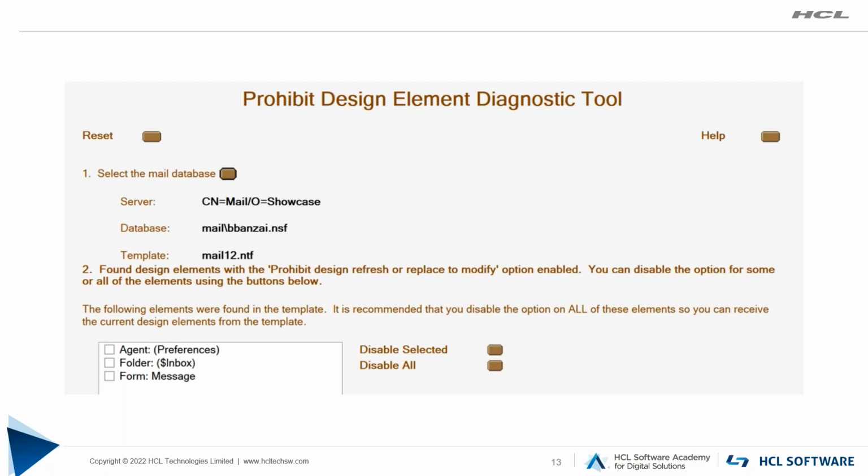So now you know what the offending design elements are. In addition, you can go ahead at this point and either individually select those design elements that you want to remove that flag from, or you can say, you know what, let's just disable all of them, because I really want standards and I really want all of my mail files to be uniform across my system.